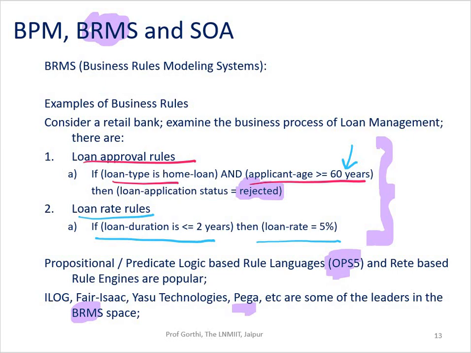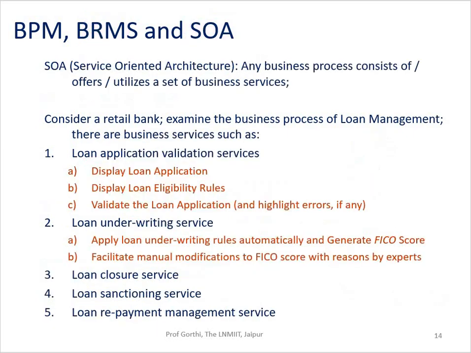Now let's formally also talk about SOA as well. So service oriented architecture, where any business process consists of offers which utilize a set of business services. Now consider a retail bank and examine the business process of loan management. There are business services such as your loan application. I can have a display loan application.